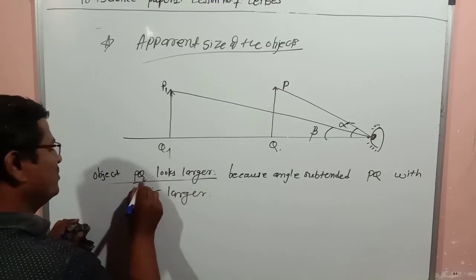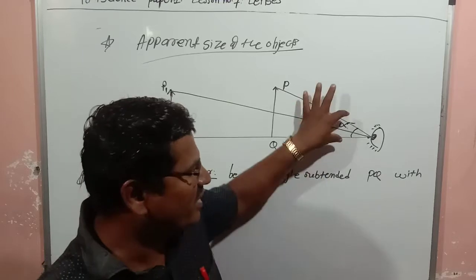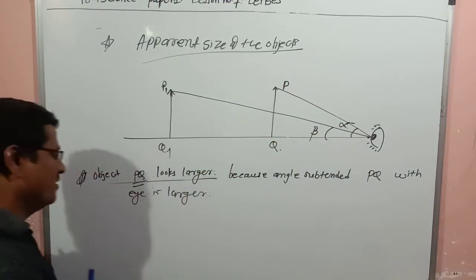So object PQ is looking larger. Why? Because the angle made by PQ with the eye is larger.